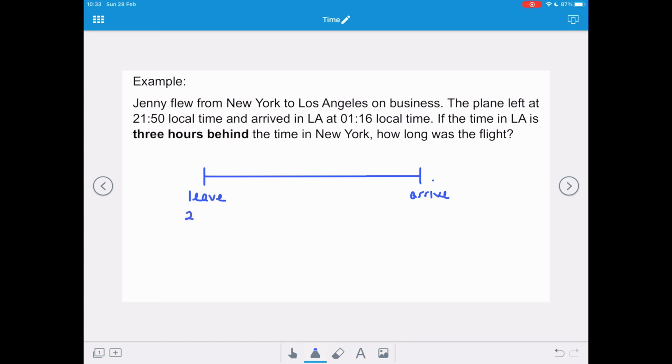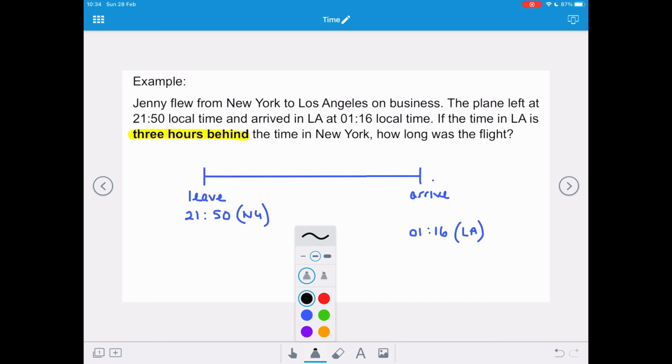So Jenny left New York at New York local time, which was 21:50. And she arrived in LA at 01:16 local time, so that's 01:16 LA time. Now it tells us in the question that LA is 3 hours behind the time in New York because there are more than one time zone across the United States.